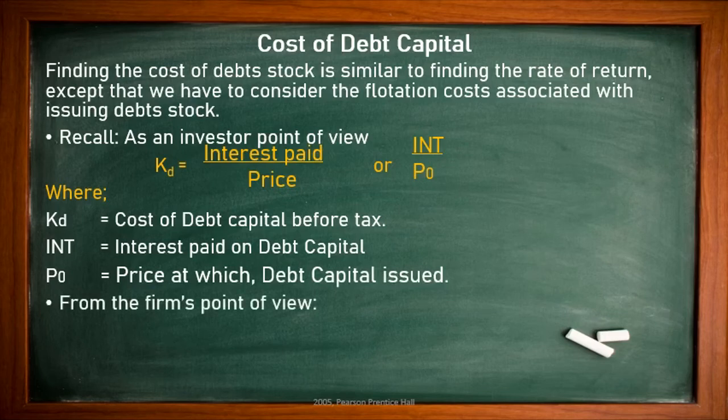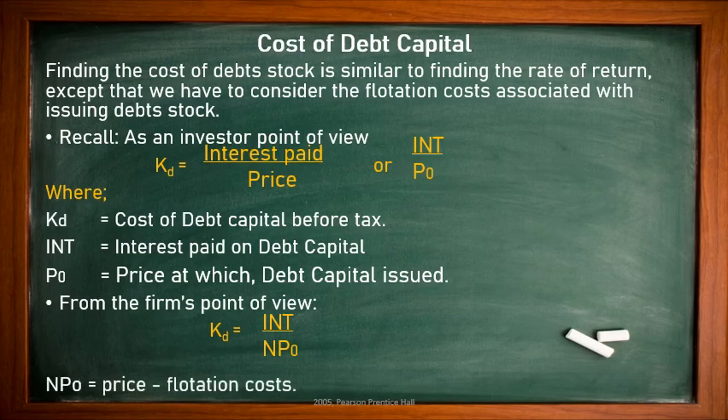From the firm's point of view, this was the investor's point of view, a small change will be: KD is equal to INT upon NP0. It means here we just added only N. What's the meaning of N? NP0 means net price. What's the net price? Net price is the total price minus flotation cost.